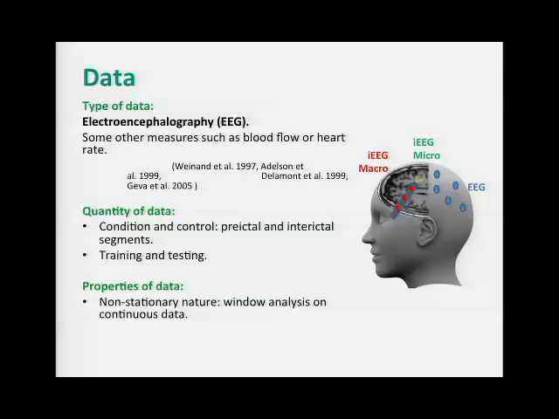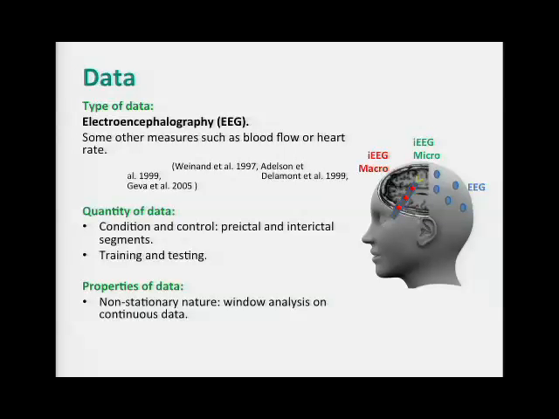And then what more about the data? We have to think about the quantity of data. We usually need a good amount. Why? Because we need to split our data into training and testing sets during the algorithm design and implementation. We also need to have a condition and a control.